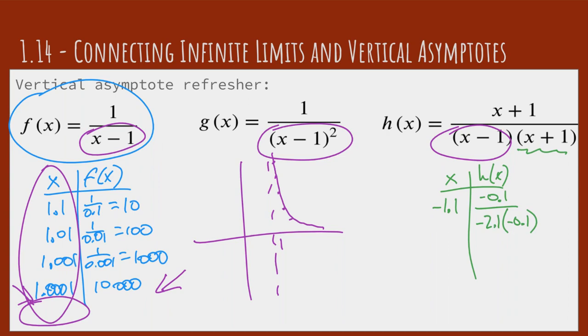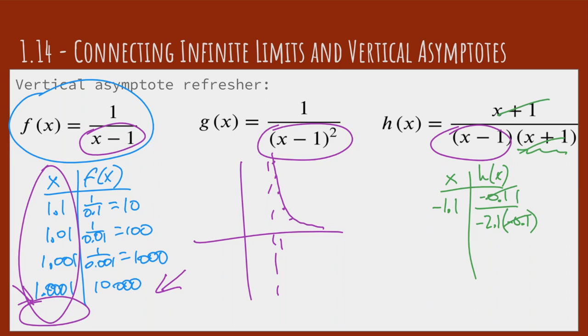And what's going to happen with any number that I pick, I'm going to get the same thing on the top as I get on the bottom here with the x plus 1 factor. And so what that means is these are essentially going to be canceling each other out. So no matter how close to -1 I get, this is going to cancel this out, and that might sound familiar, and that's going to give us a hole or a removable discontinuity.